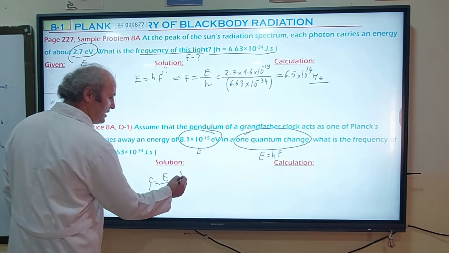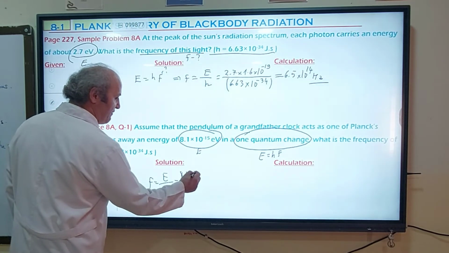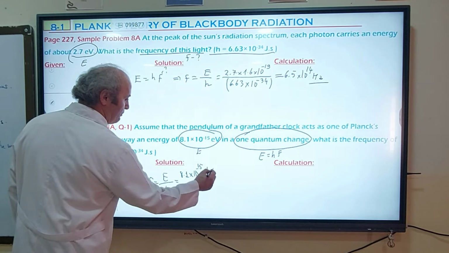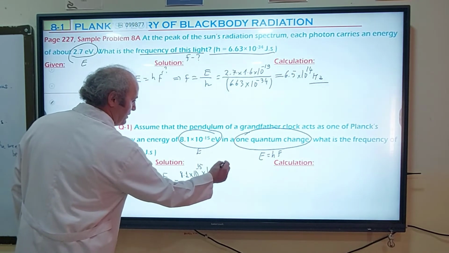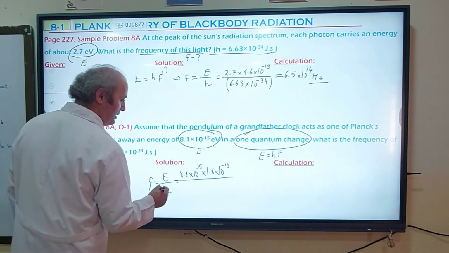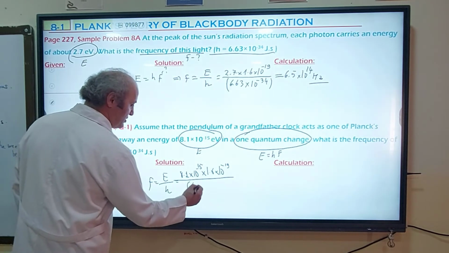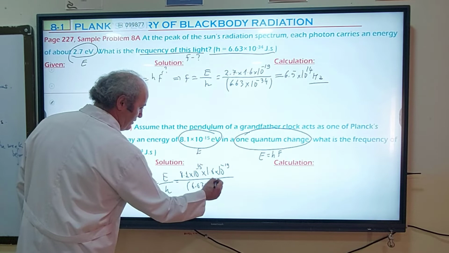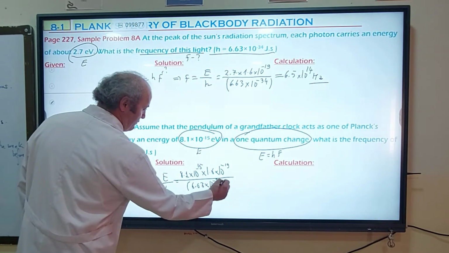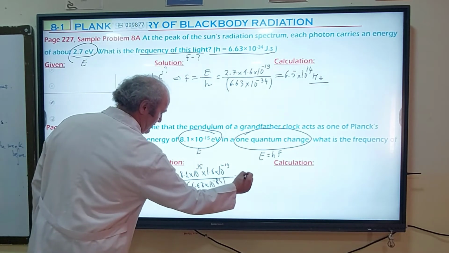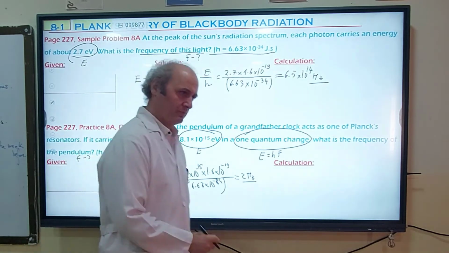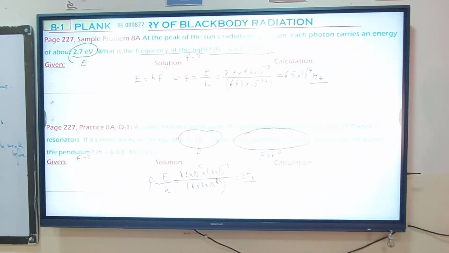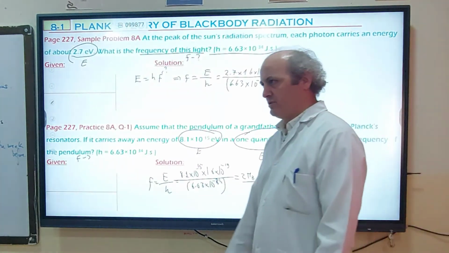E is given as 8.1 times 10 to the power of negative 15 electron volt, but of course we should convert it to joule, 1.6 times 10 to the power of negative 19, divided by h, 6.63 times 10 to the power of negative 34. Result is 2 hertz, I think. So this pendulum of the clock vibrates with 2 hertz frequency.